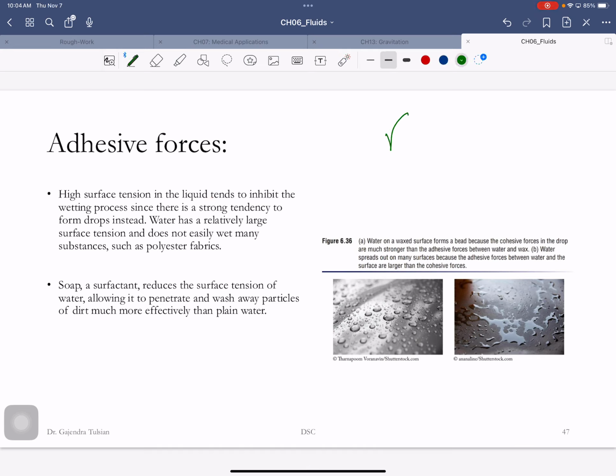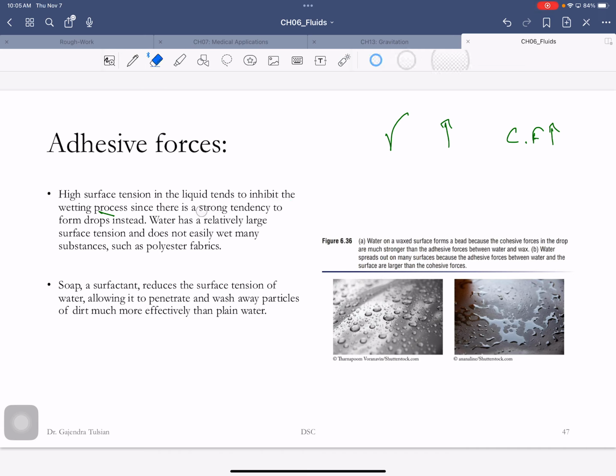So high surface tension in a liquid tends to inhibit the wetting process. High surface tension means high cohesive forces. Okay? So the larger the cohesive forces, the larger the surface tension, and so it inhibits the wetting process.